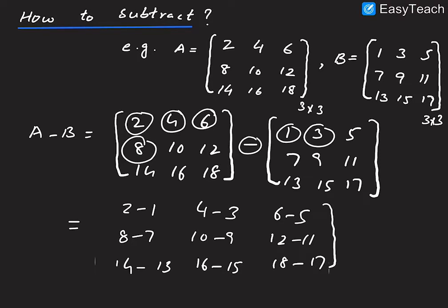You can do direct also, but for the sake of convenience I am writing this one. So 2 minus 1 is 1, 4 minus 3 is 1, 6 minus 5 is 1. So all you will get 1, 1, 1.